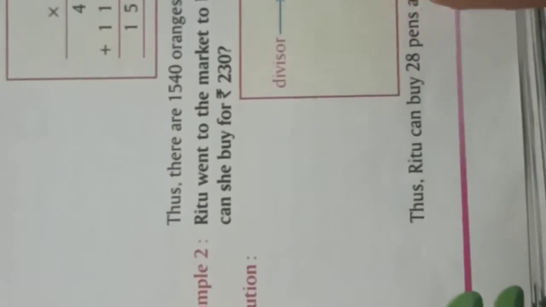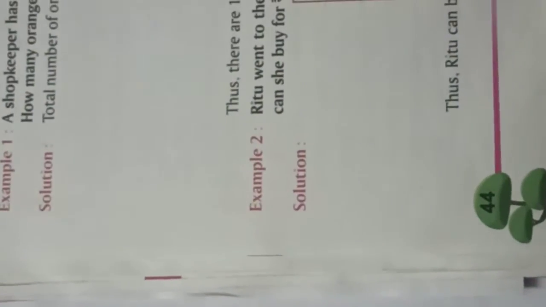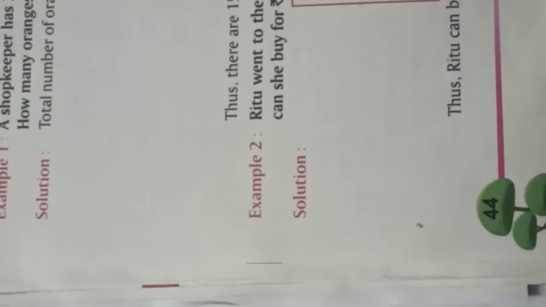Now students, I hope you all remember that I have explained to you that the number by which we divide is called the divisor. Then the number which is going to be divided is called the dividend, and whatever we get over here is called the quotient, and over here we get the remainder.